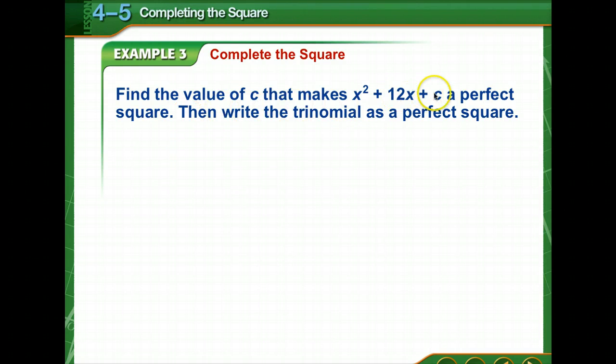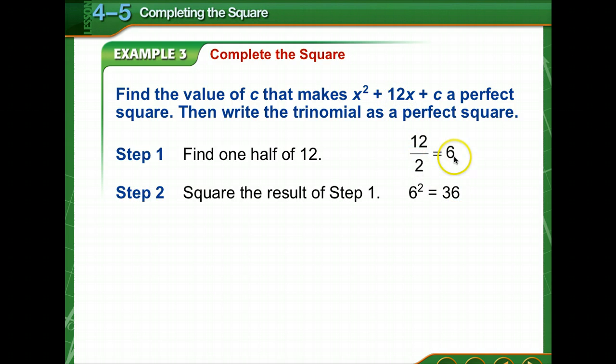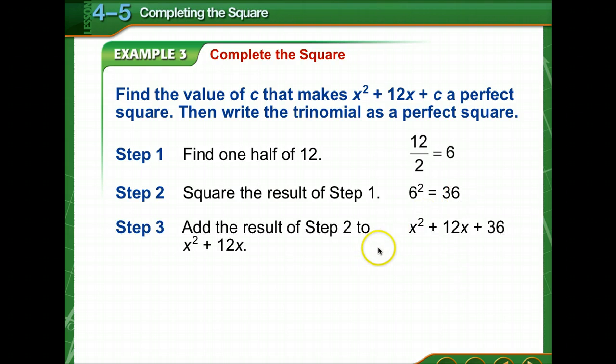We're to find the value of c that would make this a perfect square, and then we're to write the trinomial as a perfect square. So we take, if this is written in standard form, ax squared plus bx plus c, we take b, divide it by 2, and then we square whatever answer it is. So 36 is the answer to c, what we need to be a perfect square trinomial.